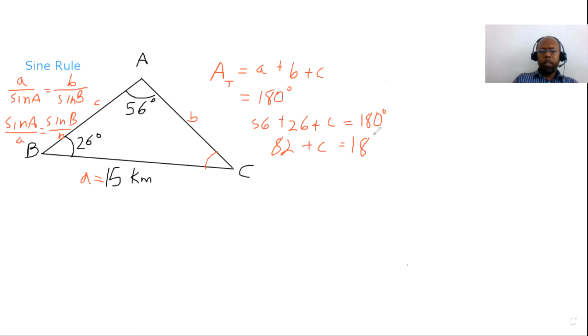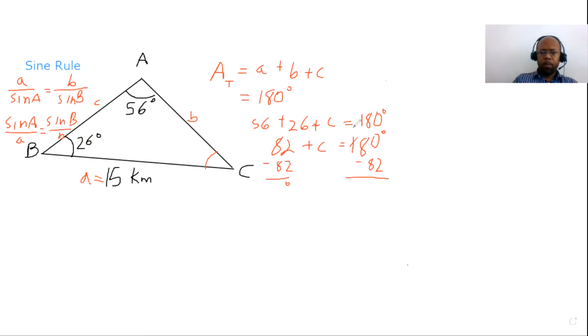And then what we're going to do is subtract 82 from both sides. Or we can just send across the 82, but we can also subtract 82 from both sides. You can do it either way. You can send across the 82 and it would become a minus, or you can do it this way.